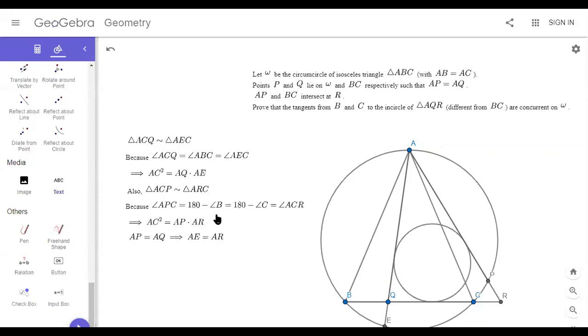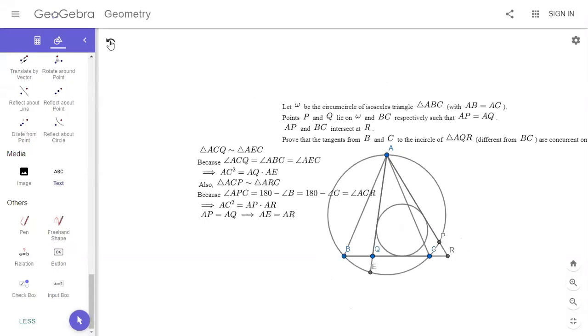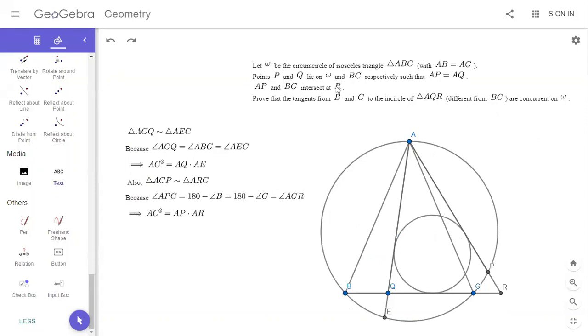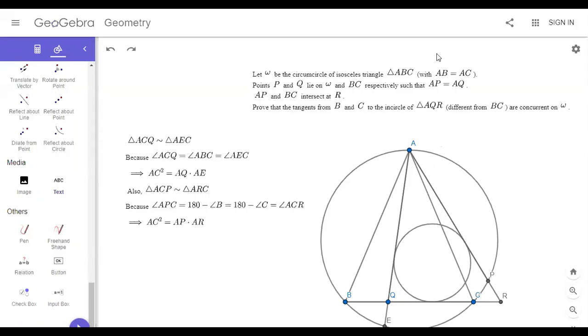So yeah, I kind of just did it the long way, but if you know about inversion, that would give you a shortcut to these conclusions. Whoops, didn't mean to do that. Okay. This makes a lot of sense.